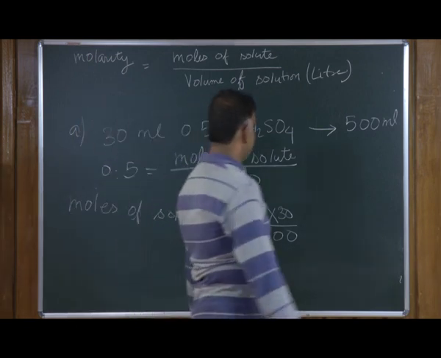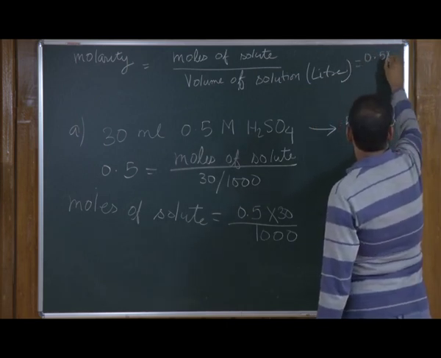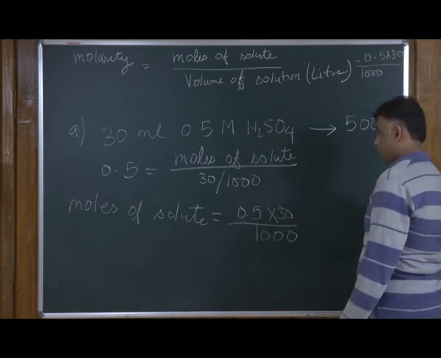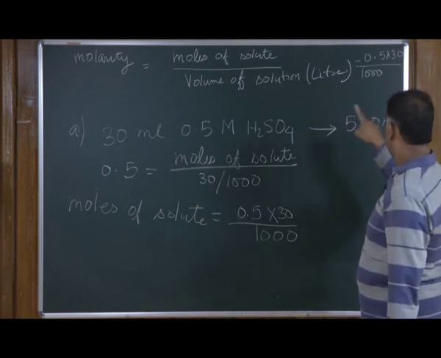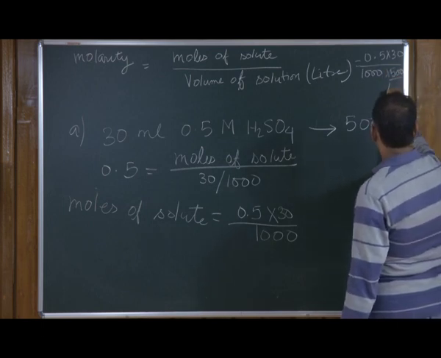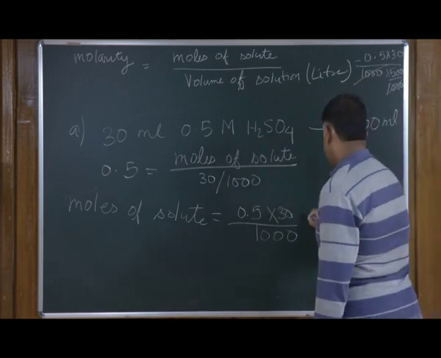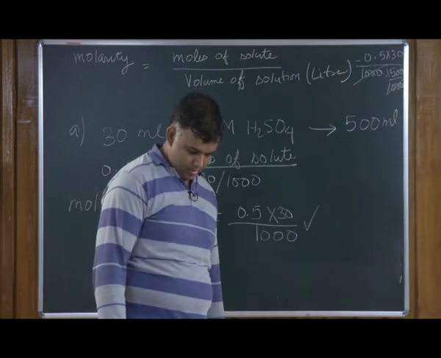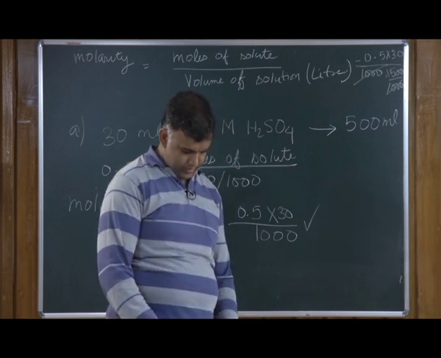So, the concentration would be simply 0.5 into 30 by 1000, that is moles of solute, divided by volume of the final solution, that would be 500 by 1000. So, you see that we got the same answer we got earlier. Okay, let us do another problem from in text question.